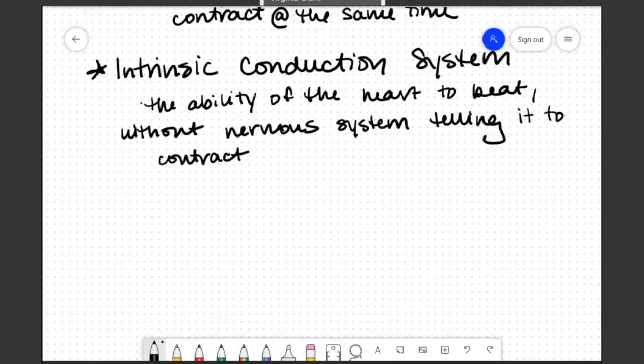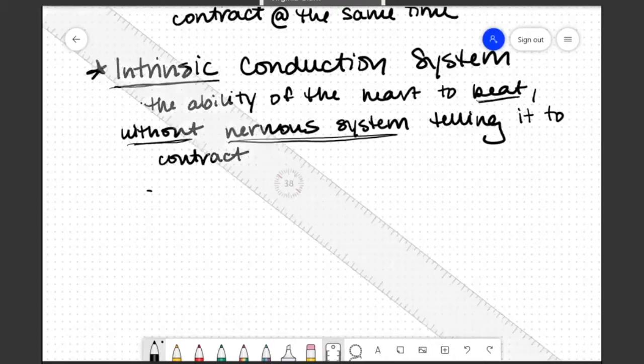So basically what this means is that there is an intrinsic, an inherent piece built into your heart that allows the heart to beat without having the nervous system connected to it. So essentially your heart can beat without your brain telling it to, which is very, very cool.